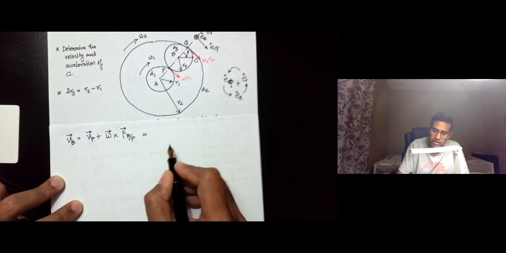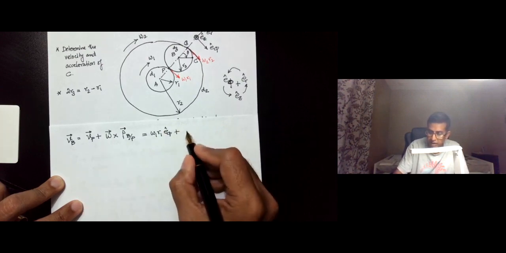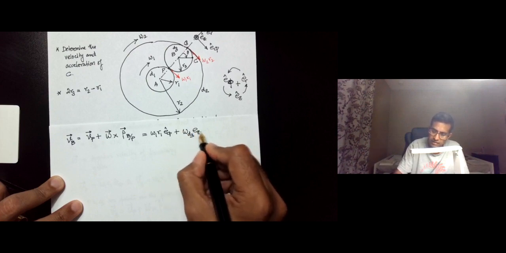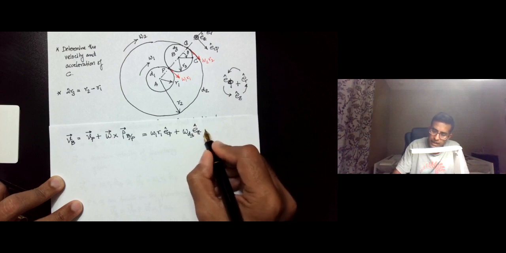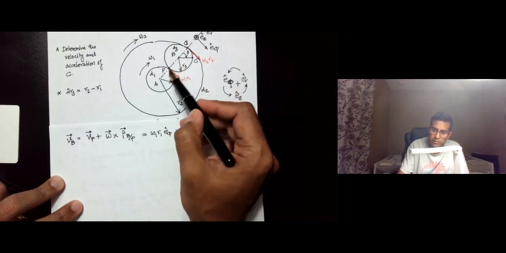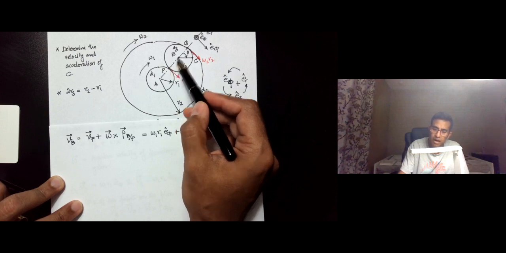Now we know Vp. Vp is omega 1 r1 and it's in the E phi direction. And we have the expression for omega. Over here we'll just represent it as omega d3 Ez cross b with respect to p. So the vector b with respect to p, you can see, is r3 in the er direction.